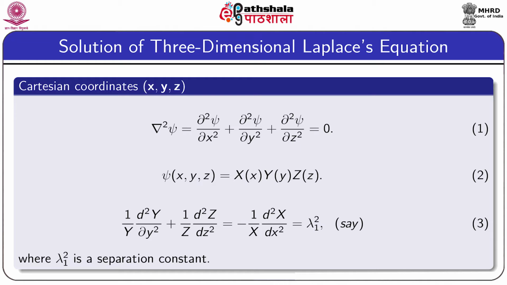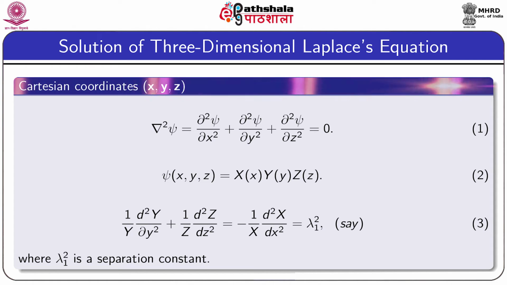So, if we equate 1 by X d2X dx square to minus lambda 1 square, we get the ordinary differential equation written here: d2X dx square plus lambda 1 square X equals 0, and we can find the solution of this ordinary differential equation easily.